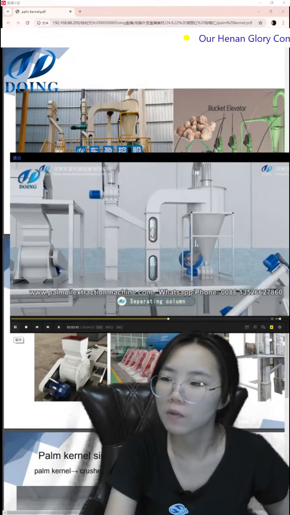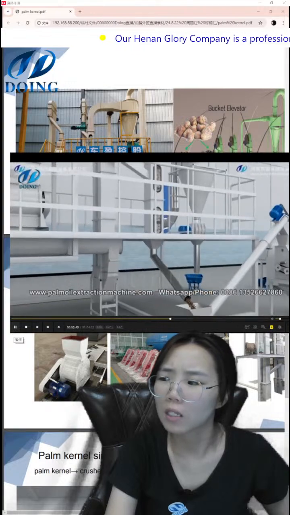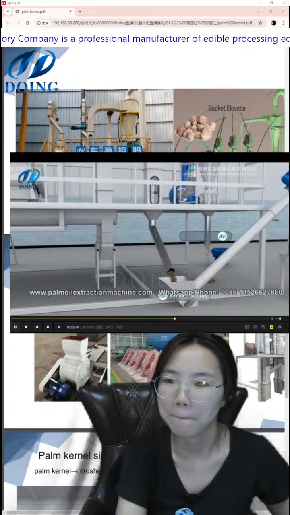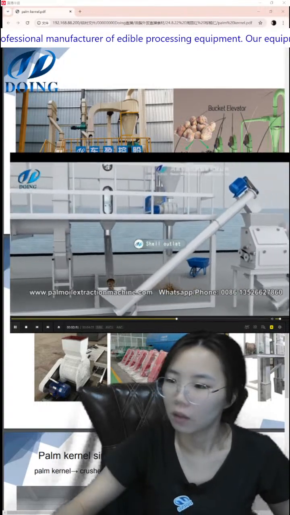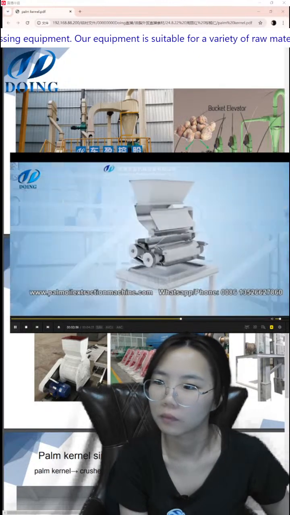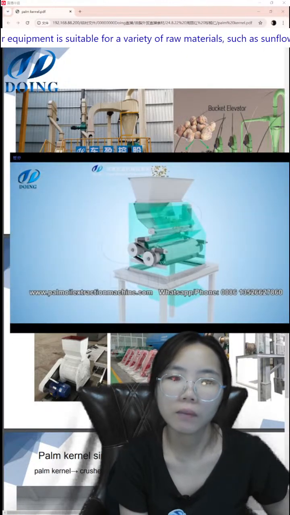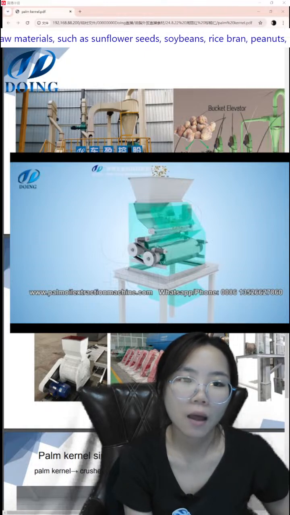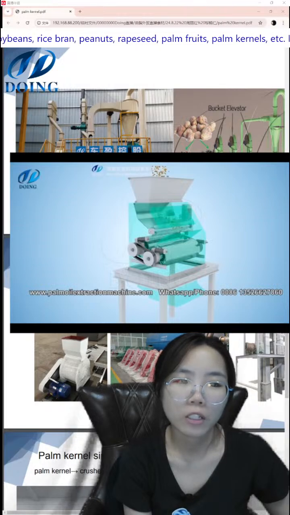Okay, we can see this video. The palm kernel goes into the next part. We can see this machine. Because the palm kernel is harder than other raw materials, it needs to be crushed first.